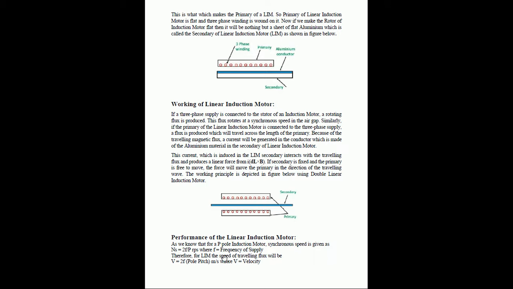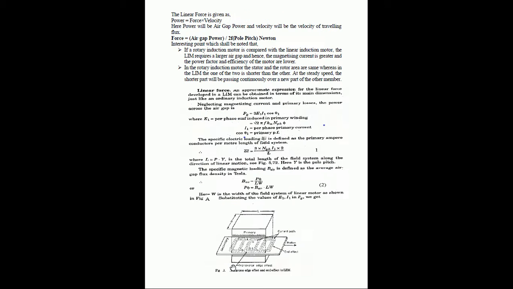Performance of linear induction motor. As we know, for a P-pole induction motor, synchronous speed is given as Ns equal to 2f upon P rps. If it is converted to rpm, we know it is 120f upon P rpm, where f is the frequency of supply. Therefore, for the linear induction motor, the speed of the traveling flux will be v equal to 2f into pole pitch, meters per second, where v is the velocity.